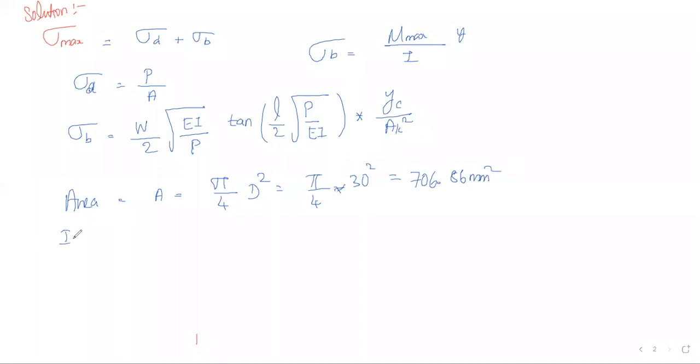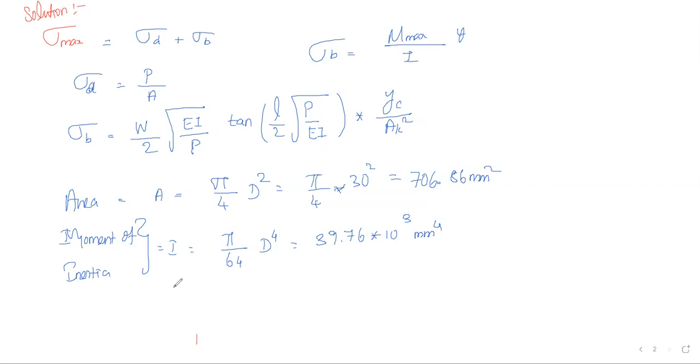Then the I value, that is moment of inertia: I is equal to pi by 64 into d power 4. So the value becomes 39.76 into 10 to the power 3 mm power 4. So this is the value of I.